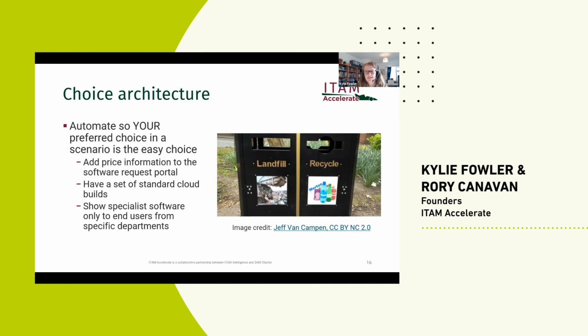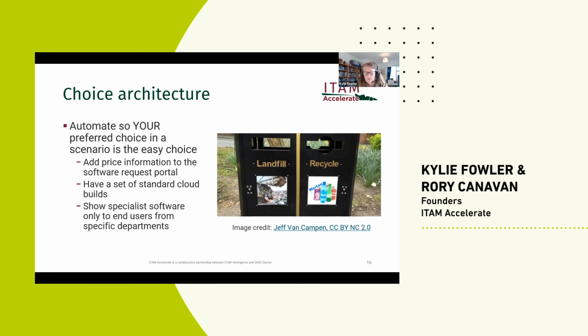We might have a set of standard cloud builds that people can just select from, but then have an other option that means they can go away and build out a cloud build that is right for their particular project if none of the standard options are available.